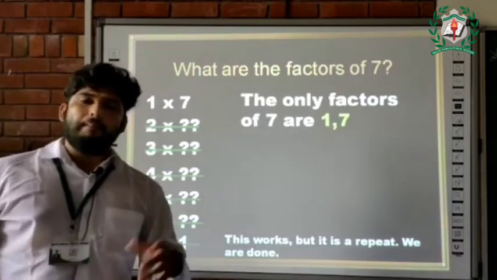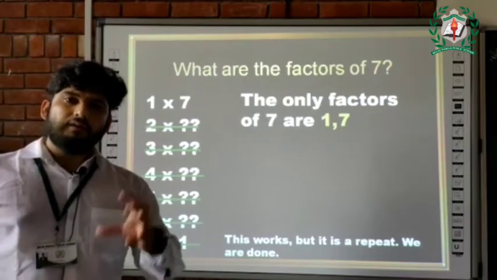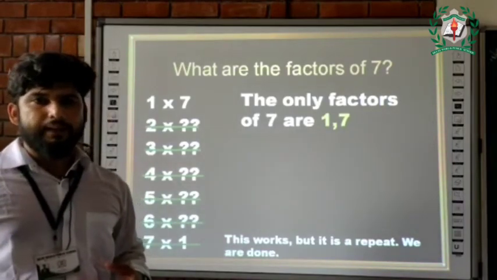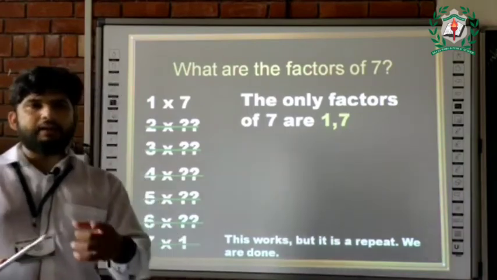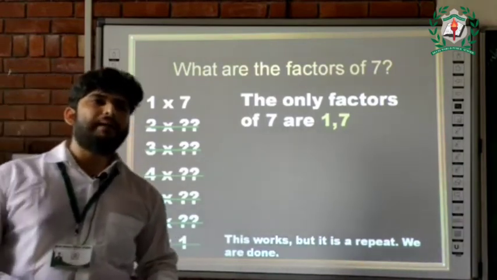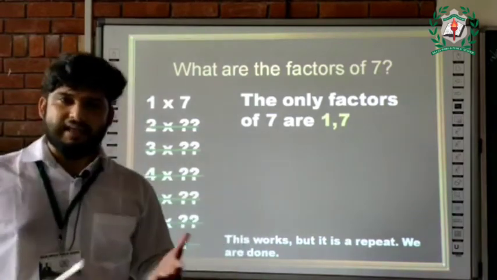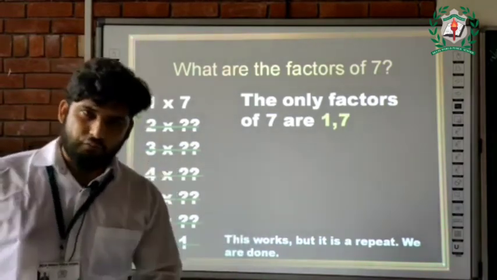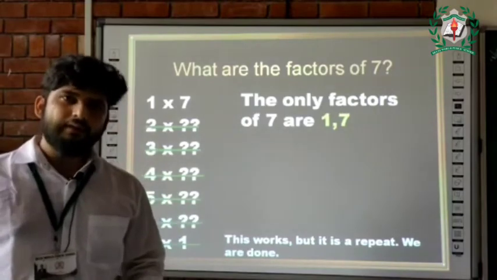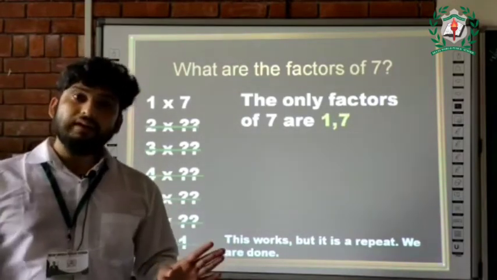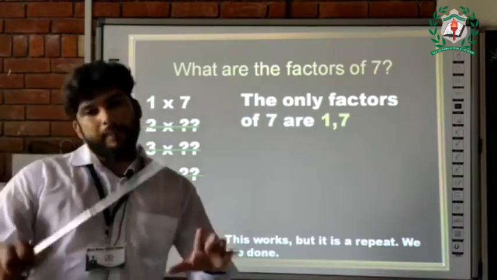What are multiples? Multiples are those where you just read out the table of that number. Like if we have to find the multiples of 7, just read out the table of 7. 7 1s are 7, 7 2s are 14, 21. Like this you have to find out the multiples.